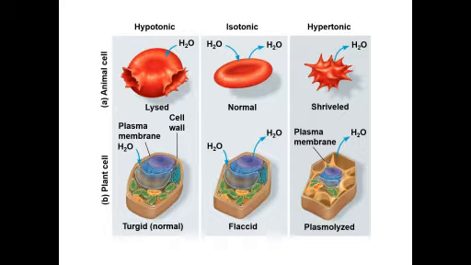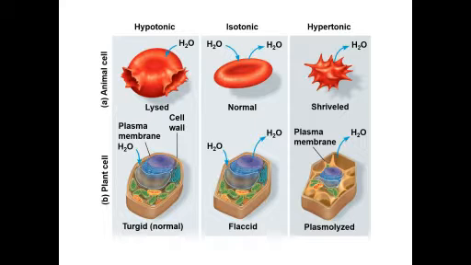Okay? Now, if you place a plant cell in an isotonic solution, it's going to lose some water to the outside environment. It's going to lose a little bit more than it's taking in. So it's going to become flaccid.